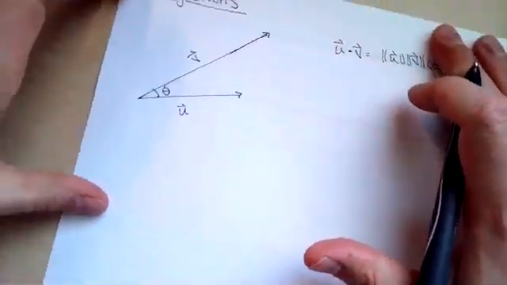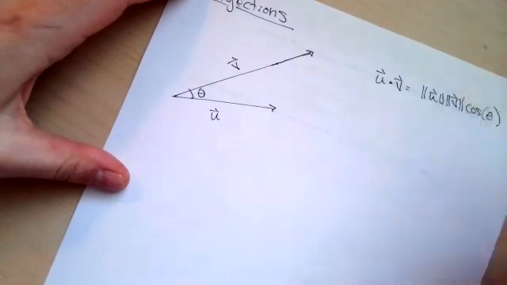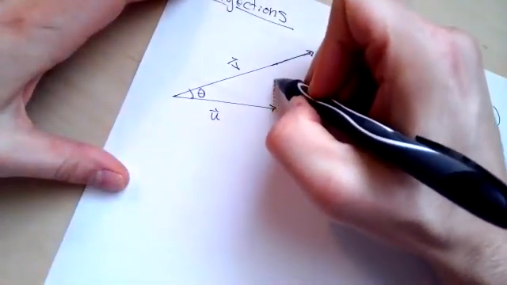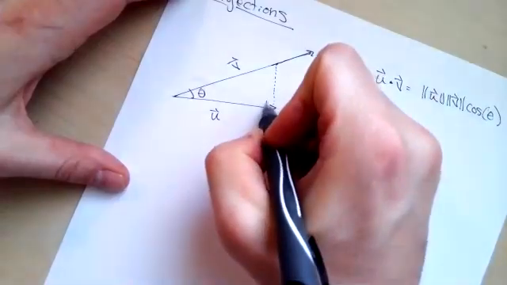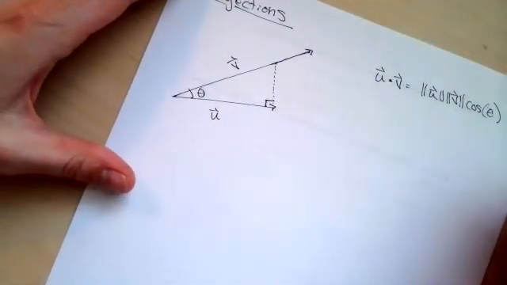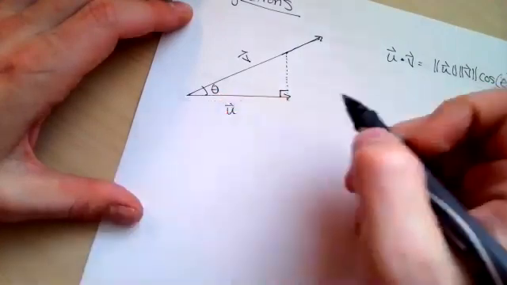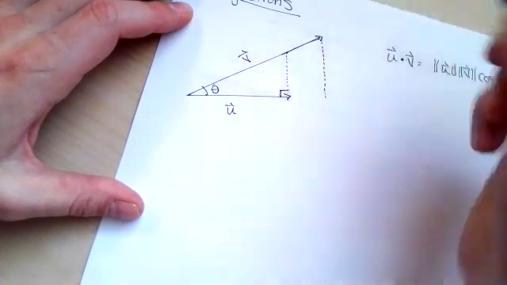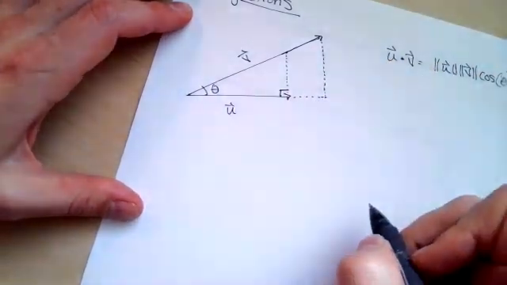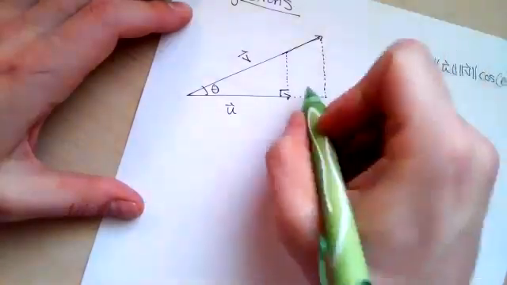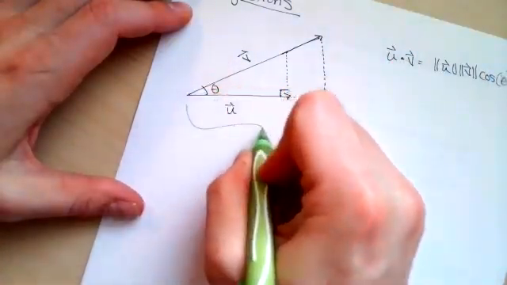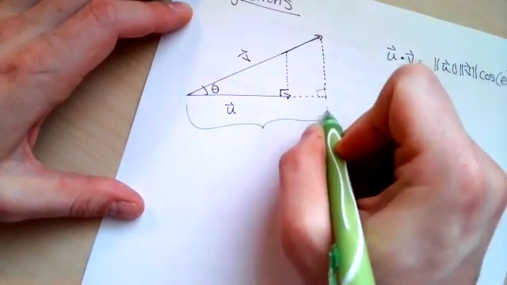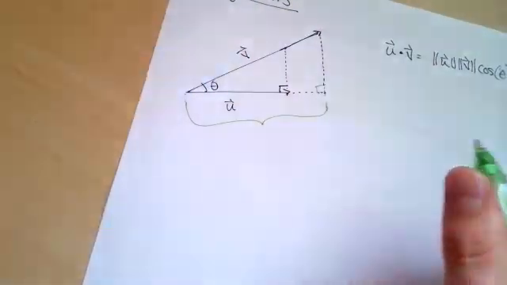Well, if we orient it in a certain way, so that I draw a perpendicular vector from u, draw a right angle here. Then this length, actually let's draw it here as well. Then this length, well, how would we compute it?